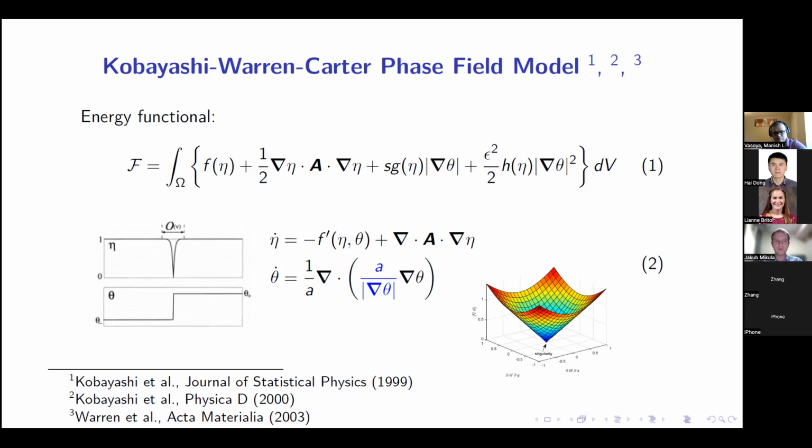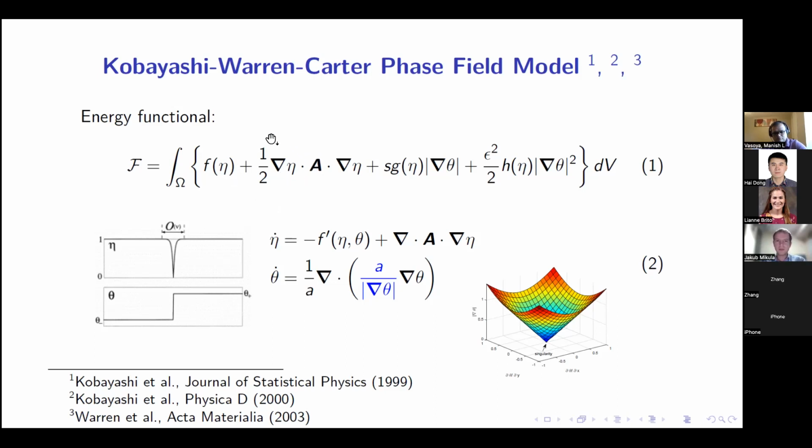It's usually attributed values 0 and 1, where 0 may represent the parent phase and 1 may represent the product phase. So we can study the transformation from the parent to the product phase. And anything between 0 and 1 is basically representing the interface of those 2 phases. So the phase is described by the order parameter that may be one of these 2 values, and that's described by some term that is called the chemical energy.